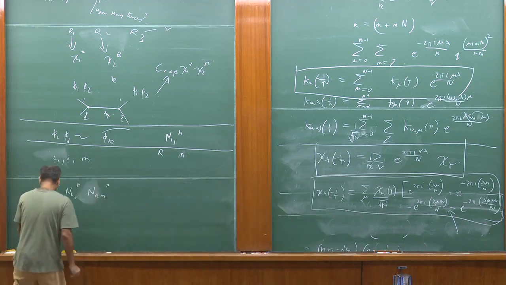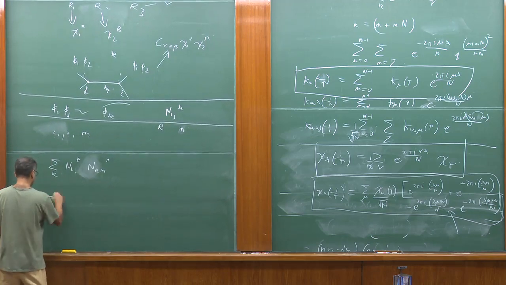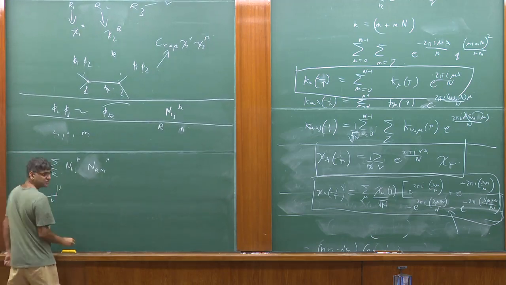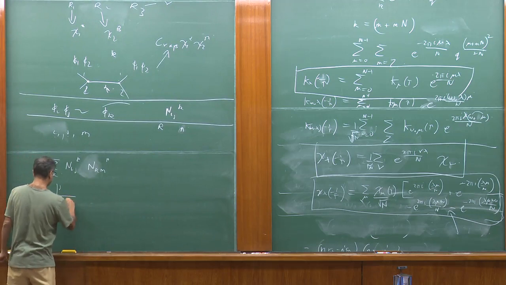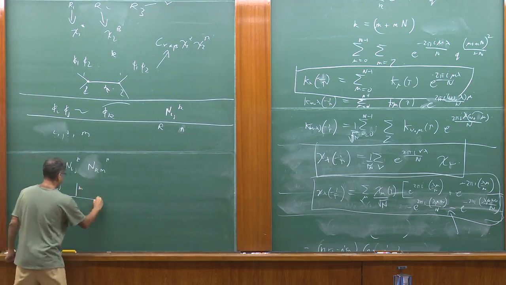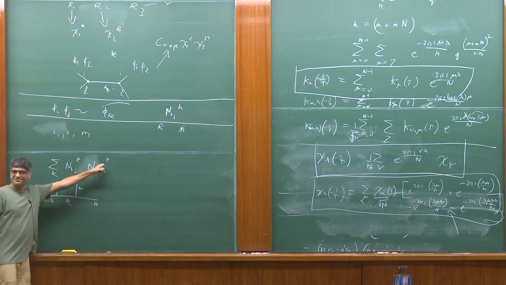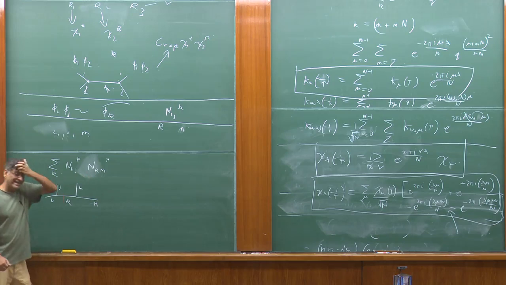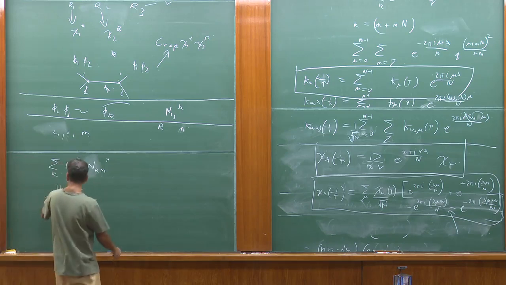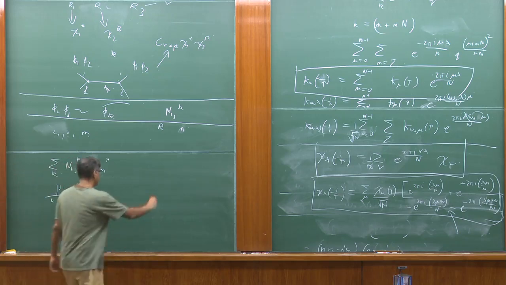So let's associate a diagram with this. In the diagram, I fuse I with J, I produce a K, I fuse with M, and I end up with an N. This diagram denotes what I have done to count the total number of ways of producing N out of the fusion of I, J, M. But there's something else I could have done.